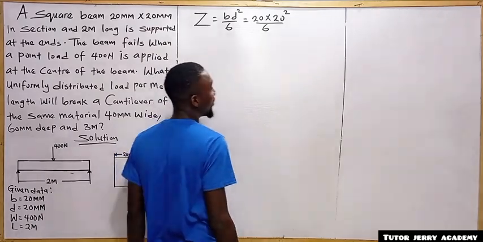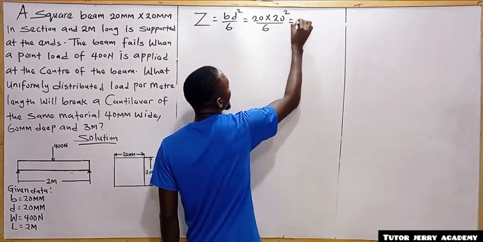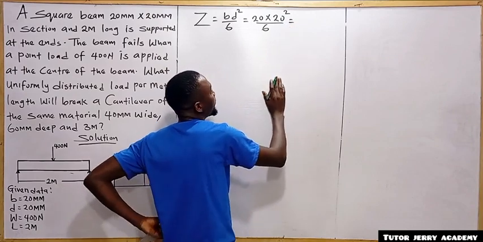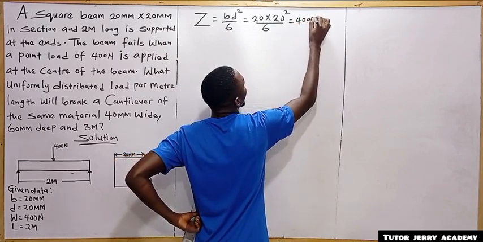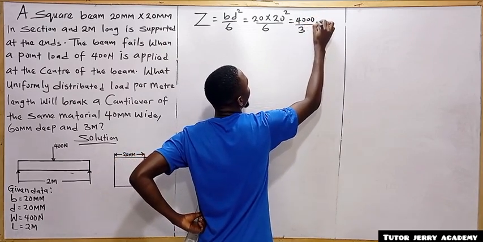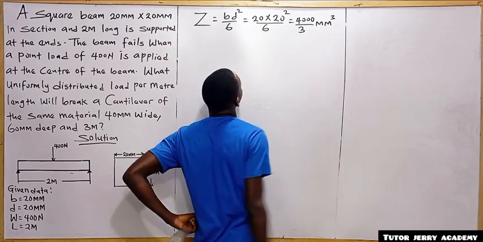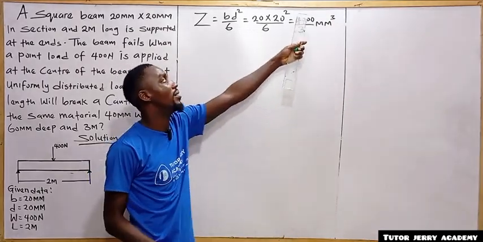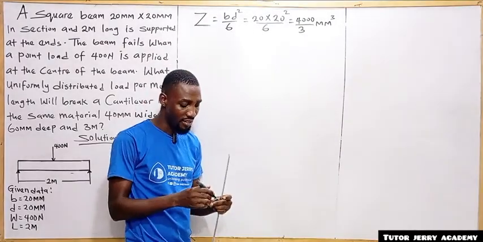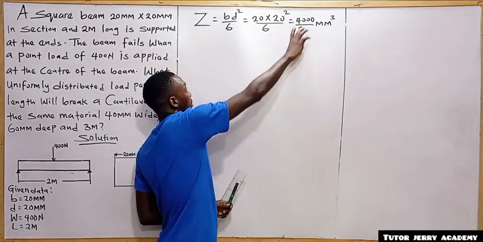If you punch this in your calculator, this equals 4,000 divided by 3, and the unit is mm cubed. I did not simplify it, just leave it like this at the moment, or you can write the answer that your calculator gives you.